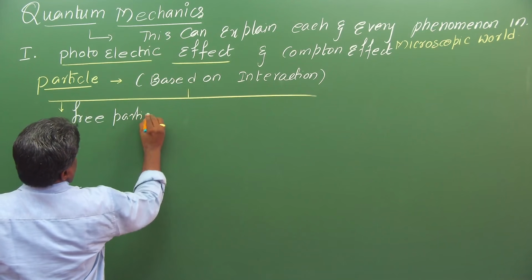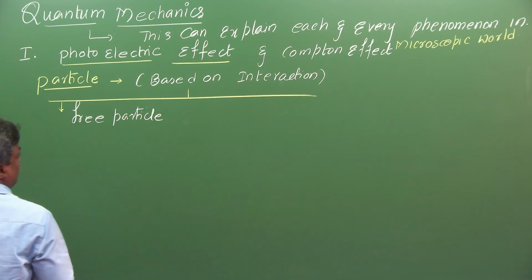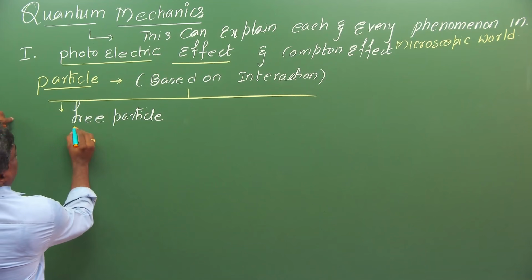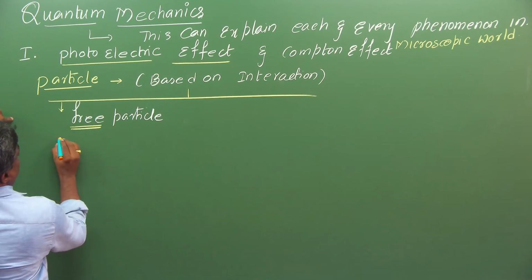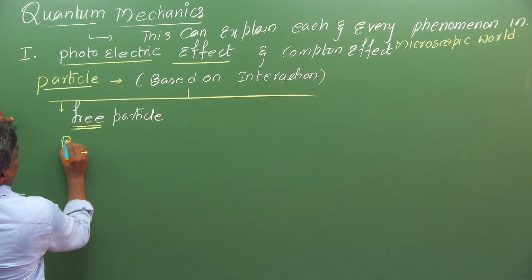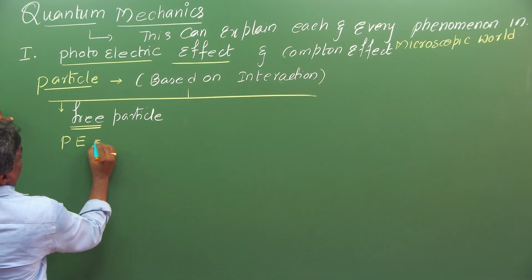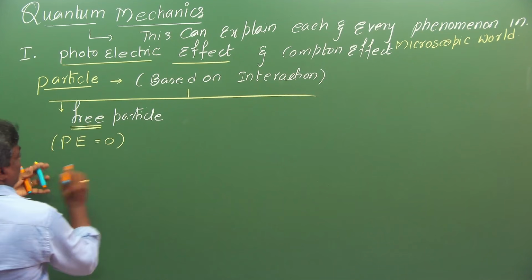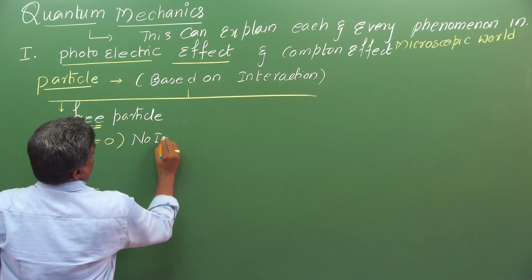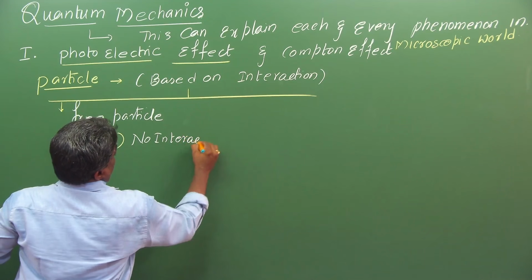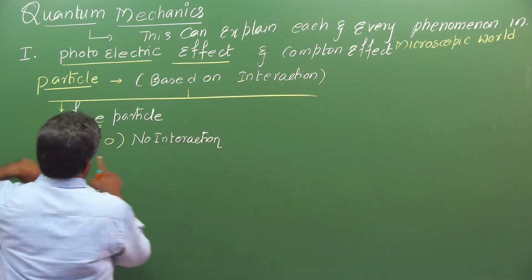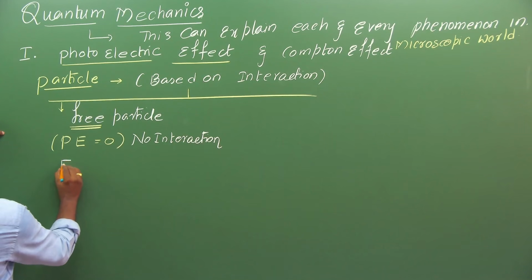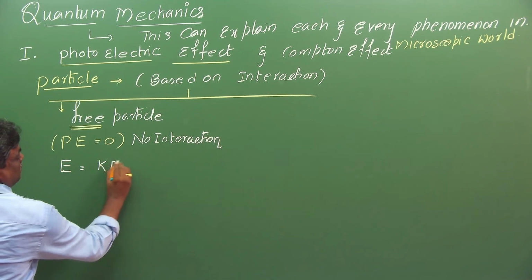It's very interesting. Please listen carefully. Just now I told you what is meant by a free particle. Free particle means interaction is zero. That means potential energy is zero. No interaction. Sir, if potential energy is zero, then the total energy is nothing but what?